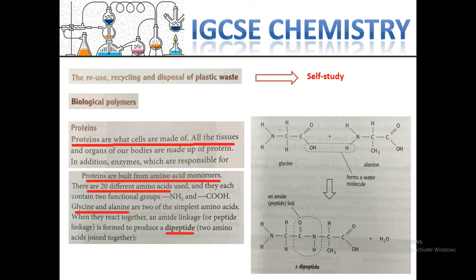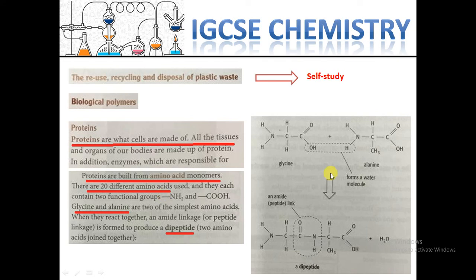If only two amino acids join and make a peptide, it's called a dipeptide. Protein is a larger size. Peptide is only a few, like two, three, four, five. It includes a small number of amino acids.